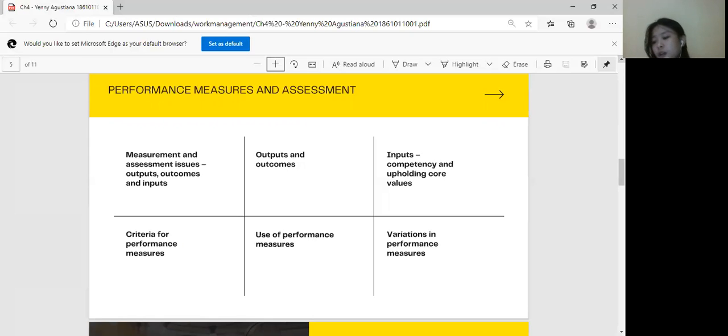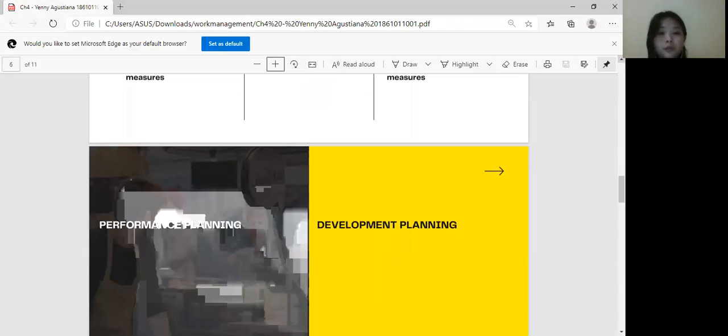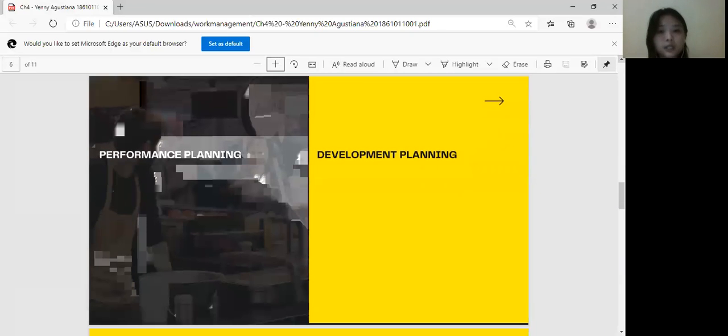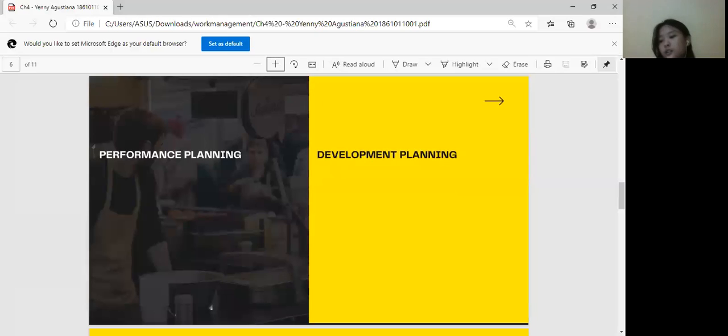And after that, talking about the performance planning, it is the part of the performance management sequence that consists of the joint exploration of what individuals are expected to do and know, how they are expected to behave to meet the requirements of their role, and develop their skill and capabilities.